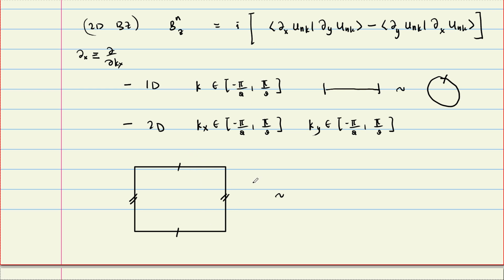What's that? Torus, right? So this is something like that. So this is the T2 torus. And in 3 dimensions you have the 3-torus, and in D dimensions you have the D-dimensional torus.